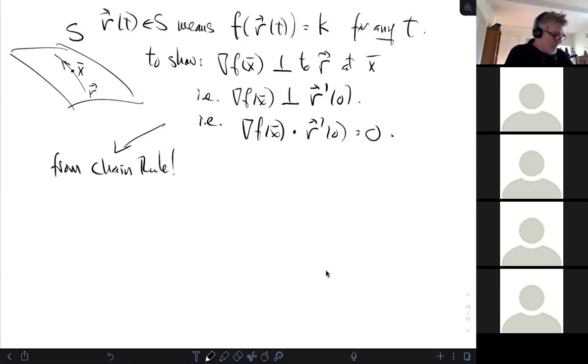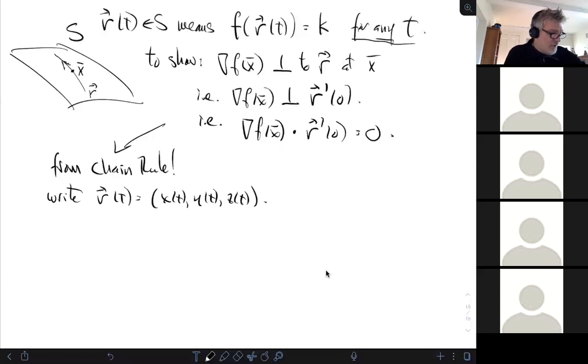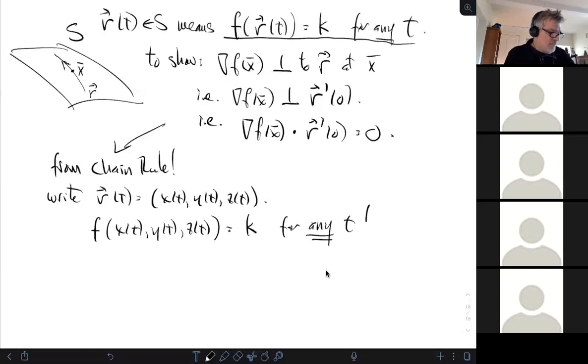Let's just call R of T, X of T, Y of T, Z of T. And the key point is that when you apply F to R at any T, you get a constant value K. So F of X of T, Y of T, Z of T is K for any T.